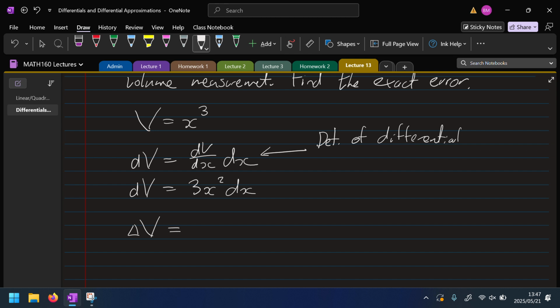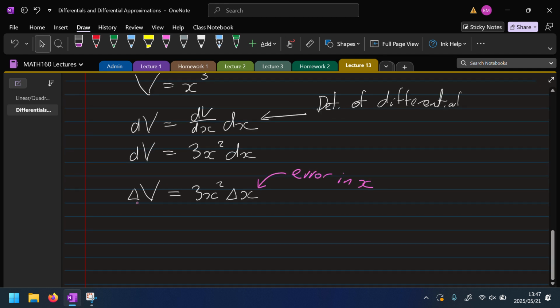So dV, we're going to treat as the error delta V, and then we have 3x squared delta x. You've seen that in your physics pracs. This delta x is the error in x, and delta V is the error in V.